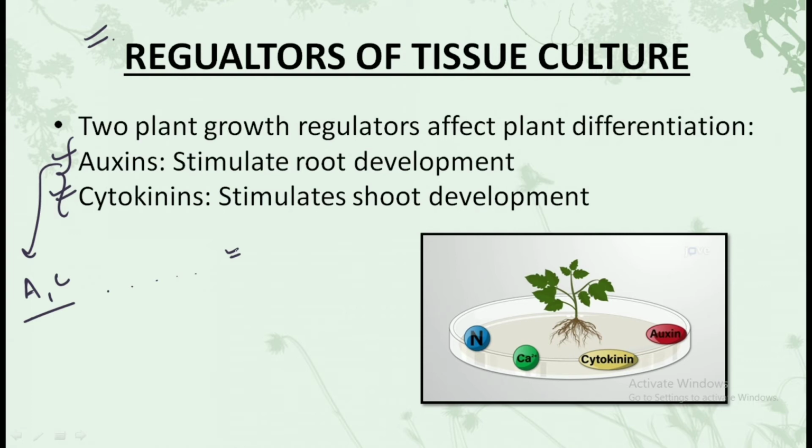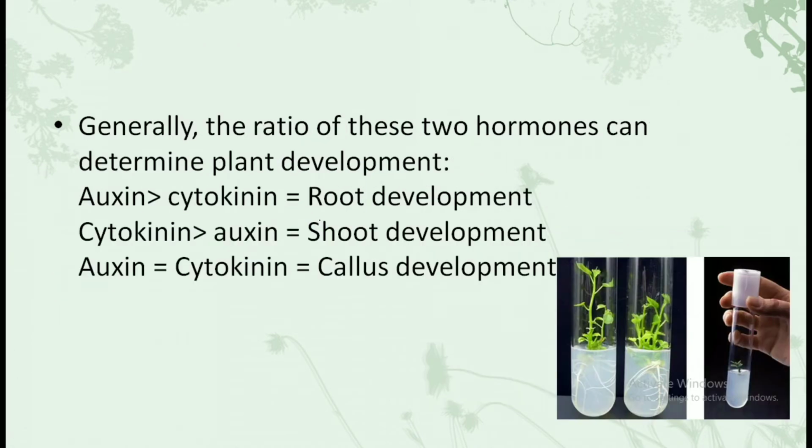If you have not watched that video, I'll put the link in the description box and you can watch those videos as well. As we have discussed, auxin stimulates root development and cytokinin stimulates shoot development. So both of them have important functions to play in the tissue culture mechanism.